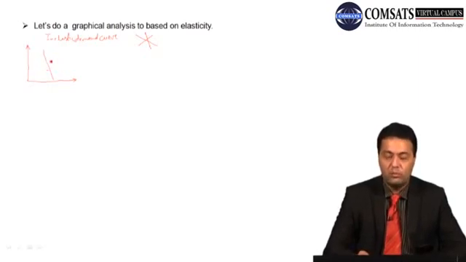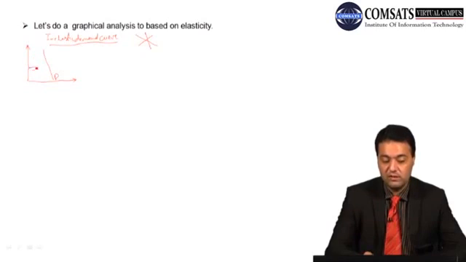So what happens when the demand curve is inelastic? Let me also just write D with it to help you out. So this is an inelastic demand curve, as I mentioned above. So why is it inelastic? Let's do a simple analysis. Over here is the original equilibrium, where at price P1 the consumption is Q1.